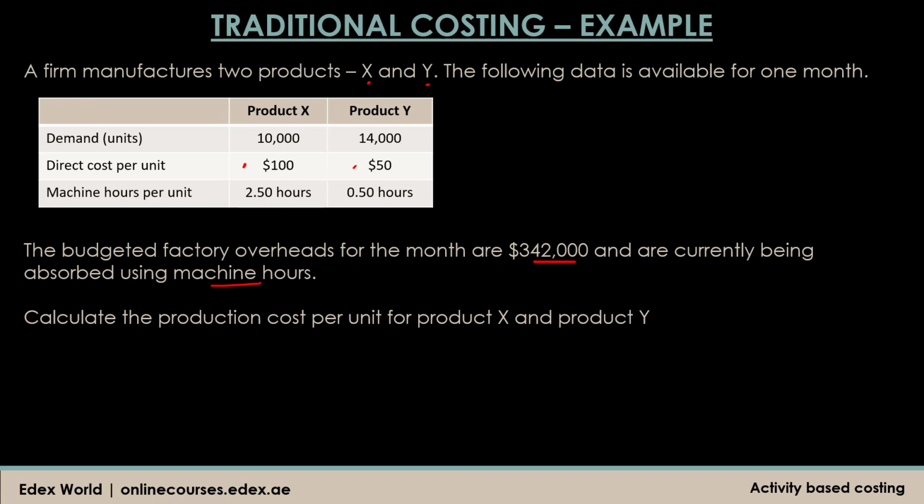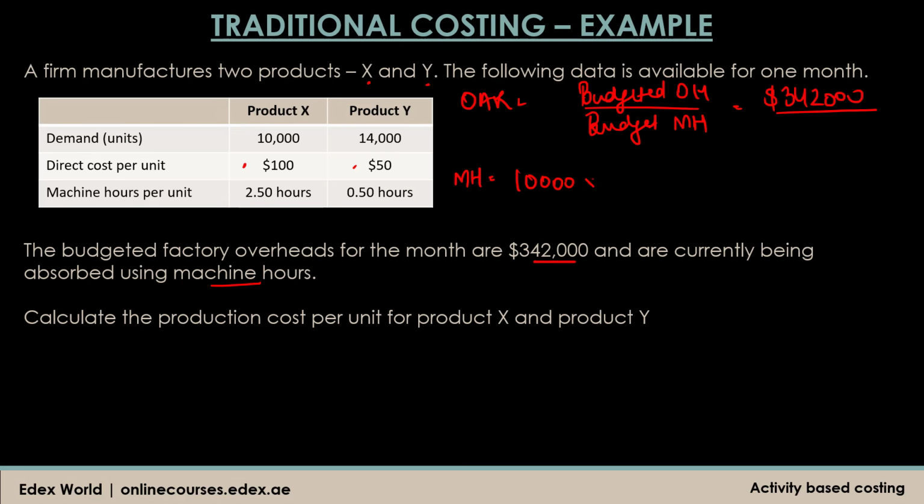To calculate the overhead absorption rate, in the numerator you would have your budgeted overheads, and in the denominator you will have your budgeted machine hours. Budgeted overheads is given, 342,000, but total budgeted machine hours are not given directly. We'll have to calculate. They're producing two products, X and Y. Product X, they're producing 10,000 units, and each unit of product X would need 2.5 machine hours.